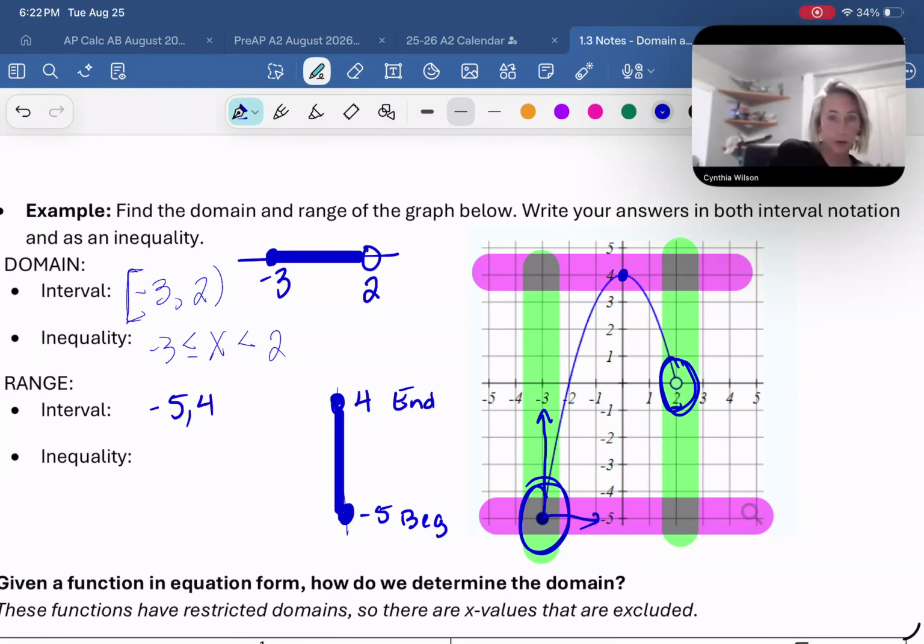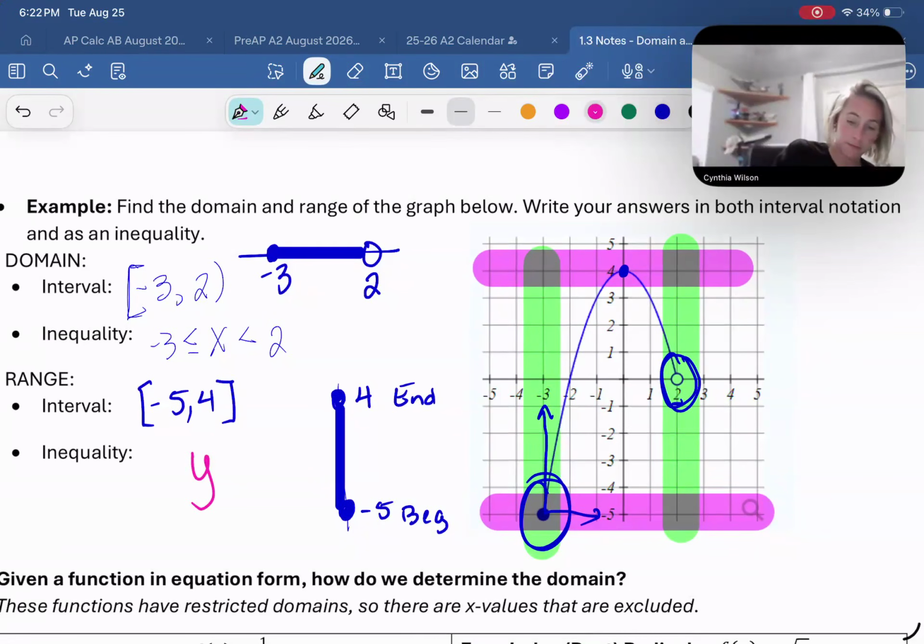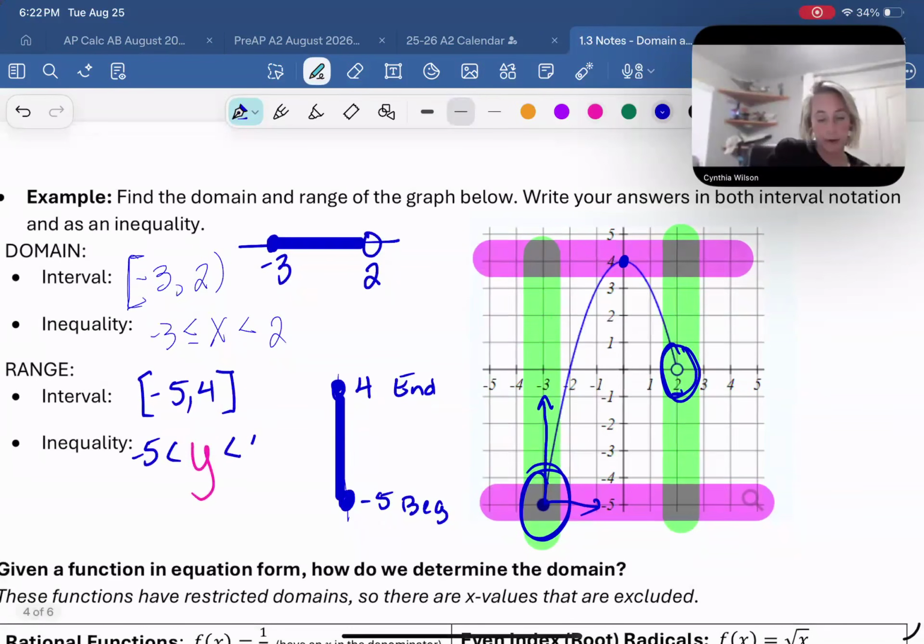Since -5 was closed, bracket, and +4, since I don't see an open, it must be closed. All right, inequality, just like I did with domain, x is between, but this is range, so it's not an x. It's a y. The range is y's. Still gets less thans. So it's got to be greater than or equal to -5, but less than or equal to 4.